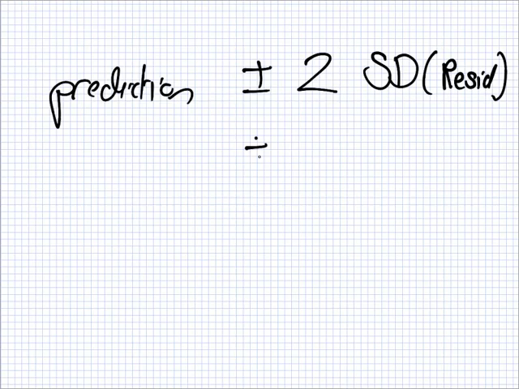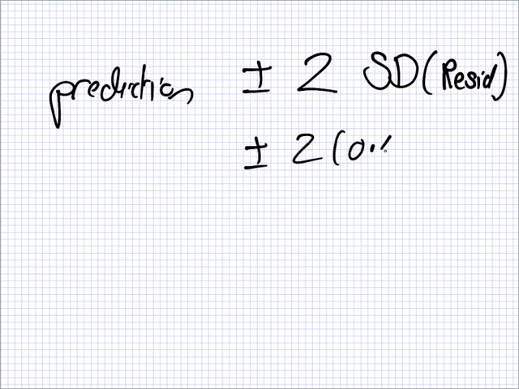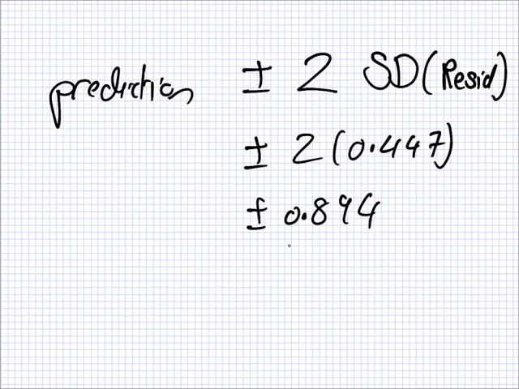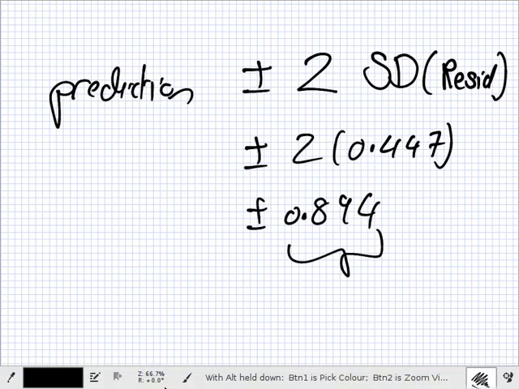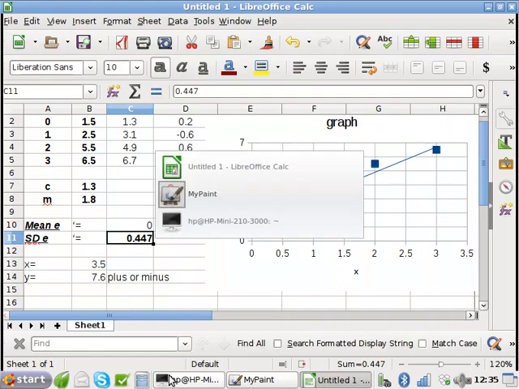So in this example, it'd be plus or minus 0.447, so plus or minus 0.894. This is how much of a mistake we think we could have made. 7.6.